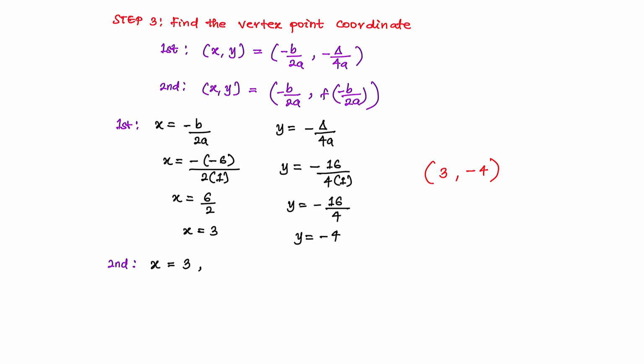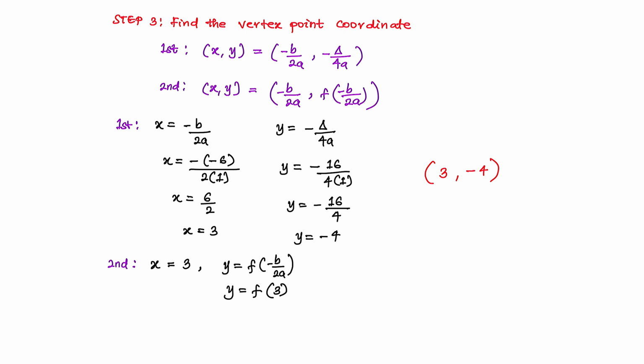But the difference is that when we come to y, instead of using minus delta over 4a, we will have to do f of minus b over 2a. That means y equals f of minus b over 2a, and as we've calculated here, minus b over 2a will give us 3. So that means we have f of 3.